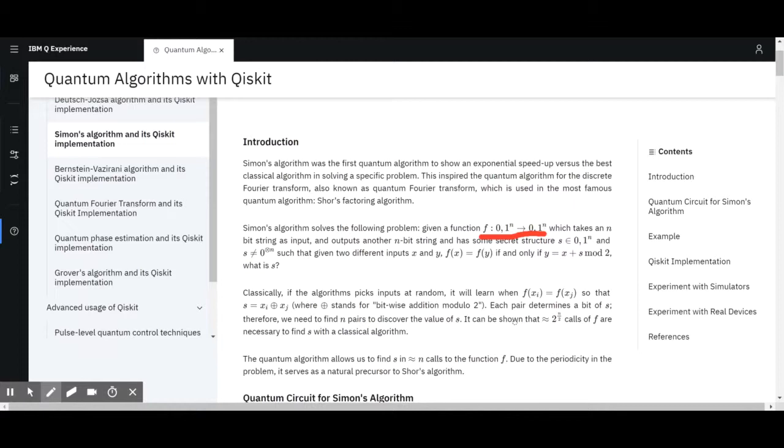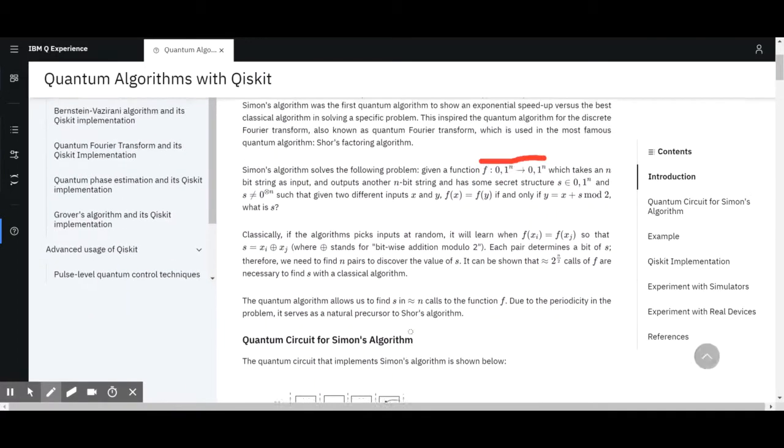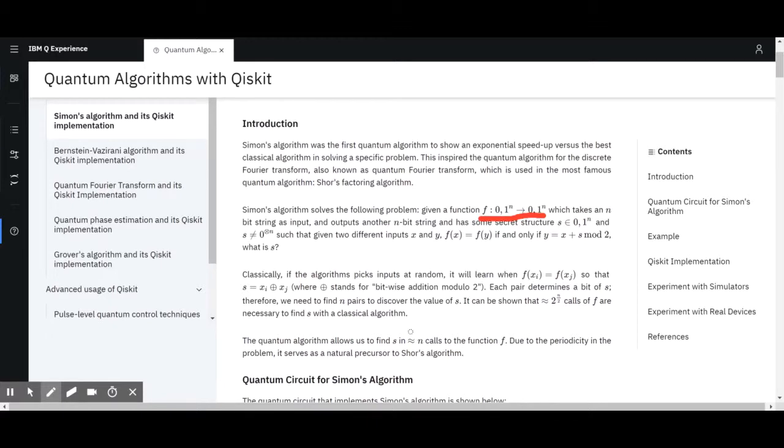Each pair determines a bit of s, therefore we need to find n pairs to discover the value of s. I haven't really understood that. The quantum algorithm allows us to find s in approximately n calls to the function f due to the periodicity in the problem. It serves as a natural precursor to Shor's algorithm.